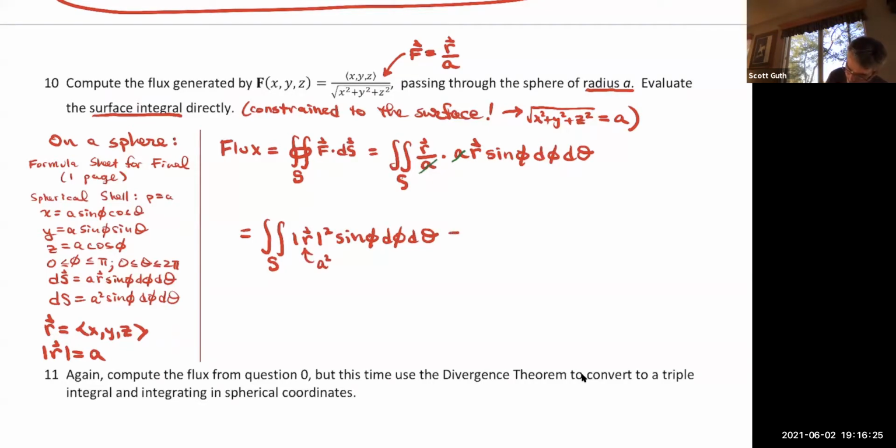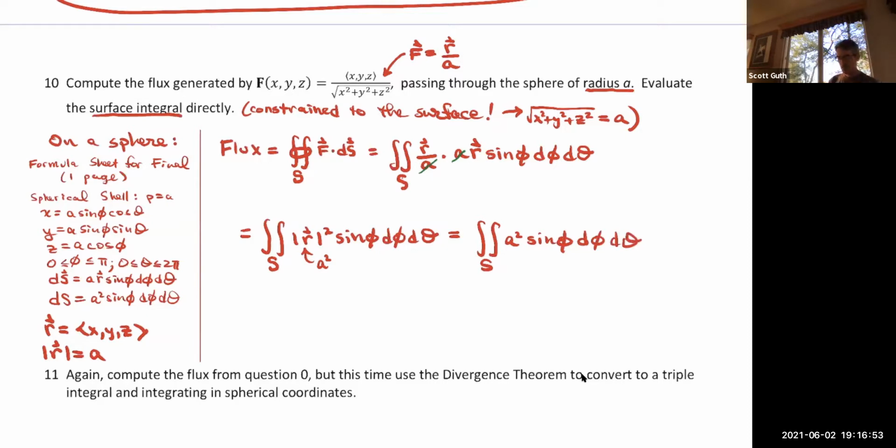Now look at this, my double integral. I'm going to make it look like a surface integral again with the S down here. So what I really have here is an a squared sine phi d phi d theta.